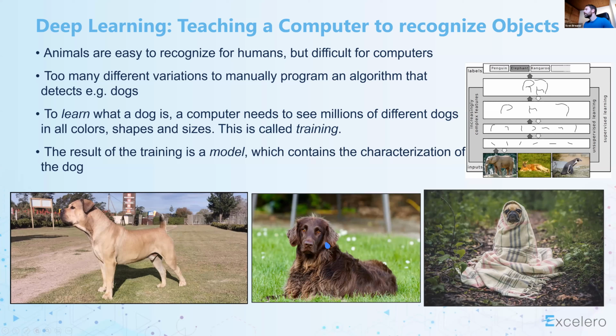You easily see that all these three images here are about dogs, but it's very difficult to manually program an algorithm that would actually recognize all kinds of dogs, right? So the way to overcome this is with deep learning. Deep learning means we show the computer many, many images of dogs, and hopefully afterwards it will understand what characterizes a dog so that it can recognize new dogs that it hasn't even seen before.